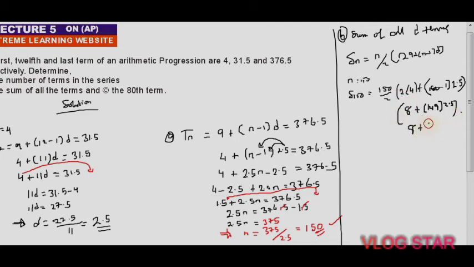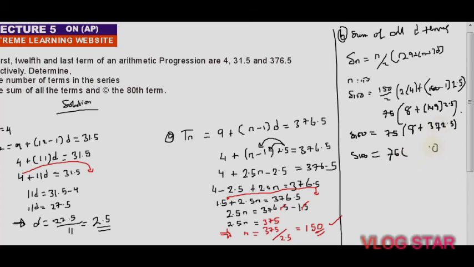Now it's 8 plus 149 times 2.5, which is 372.5. So close the final bracket. Now here 150 divided by 2 is 75. And remember, solving for S of 150, that is equal to this here. That is S of 150 is now equal to 75 outside the bracket. Now open bracket, we'll have 8 plus this number.